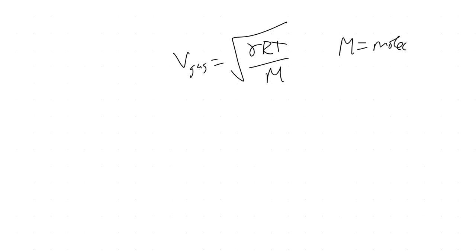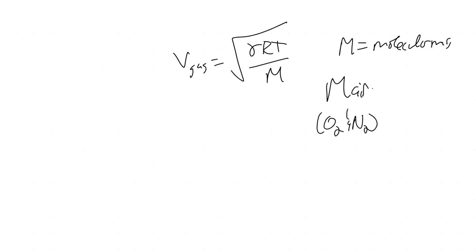Now what we can do is we can write down V of sound in a gas equals the square root of gamma RT over M, where M is the molecular mass. For air, the molecular mass is a combination of O2 and N2 at very specific percentages.